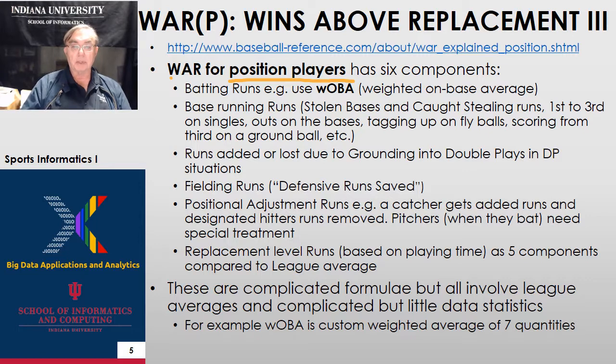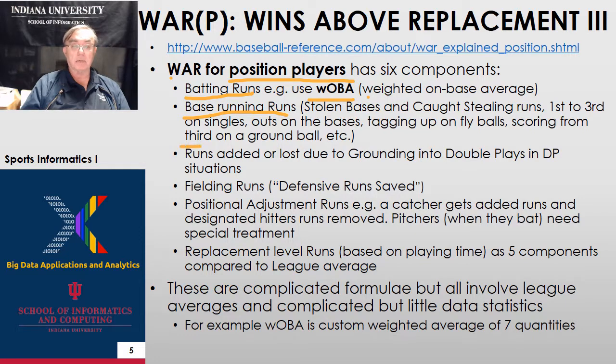You use something measuring the number of runs made, which is where you might use something like wOBA, weighted on-base average, which we did before. Something about running, how good you are at running bases, stolen bases, caught stealing, first to third on singles and things like that. All these measures of whether you got out or you did well.